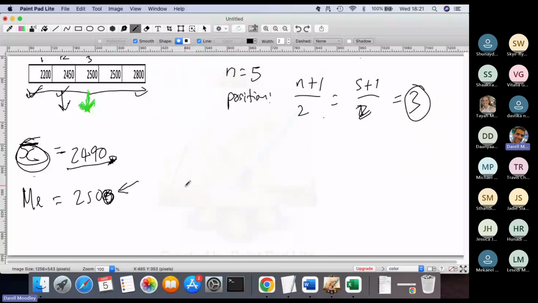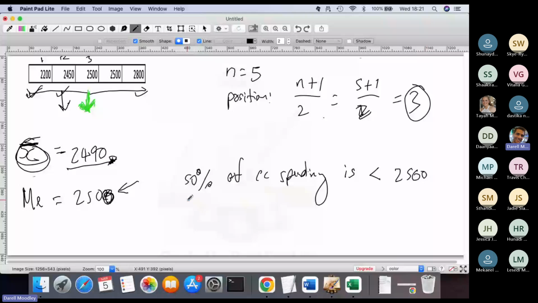Another way of saying half is 50%. So what we can say is 50% of credit card spending, I'm just going to put CC for credit card spending, is less than, I'll use this math symbol for less than, 2,500 rands.